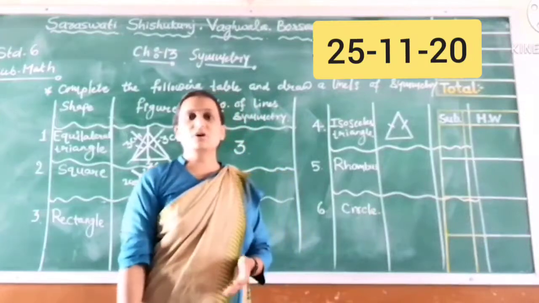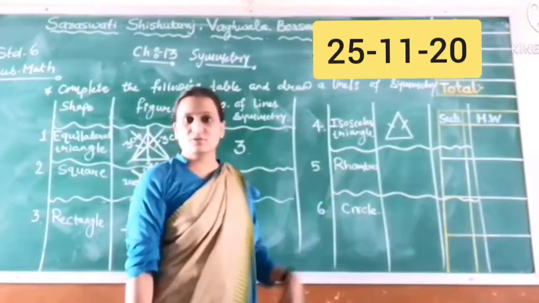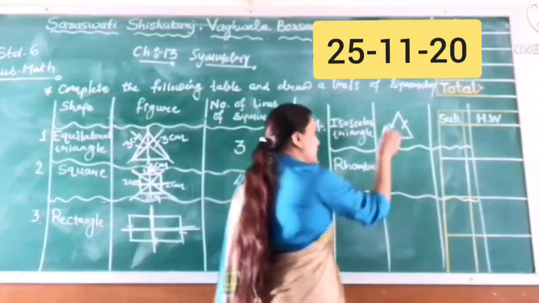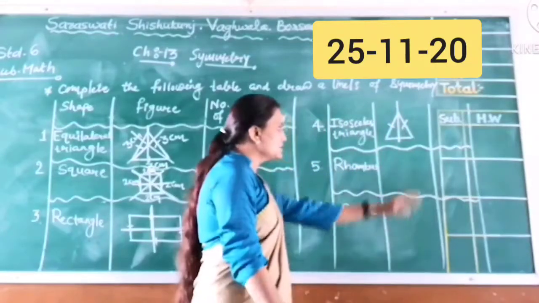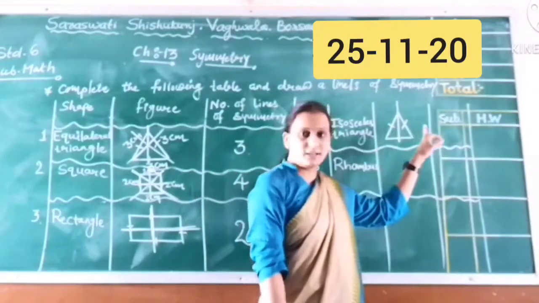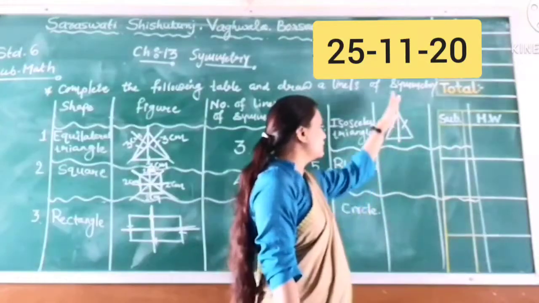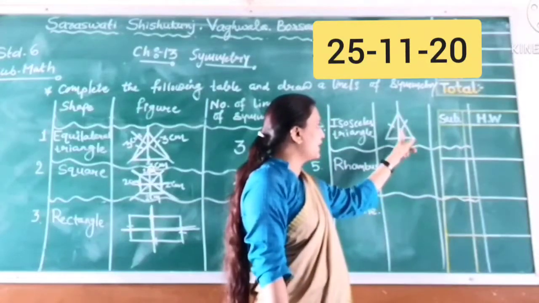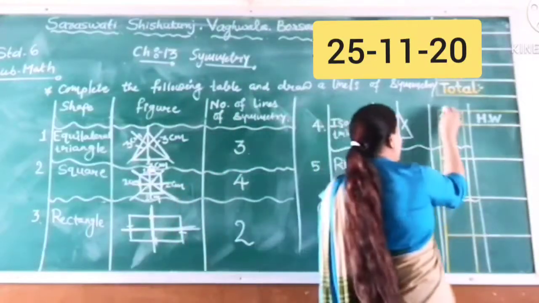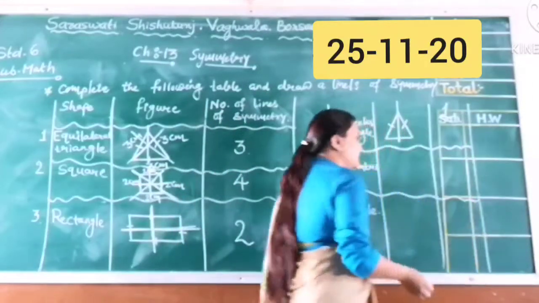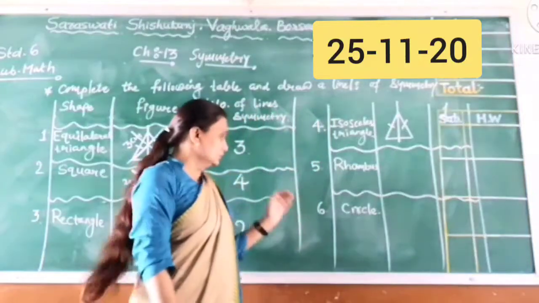How many lines of symmetry can we draw in an isosceles triangle? We can draw only one line of symmetry because in an isosceles triangle two sides are equal. If you are folding from here, you can find these two parts are the same. So we can draw only one line of symmetry in an isosceles triangle.